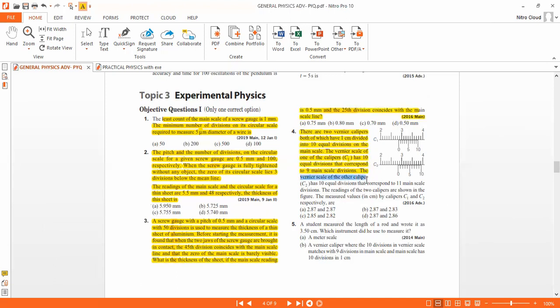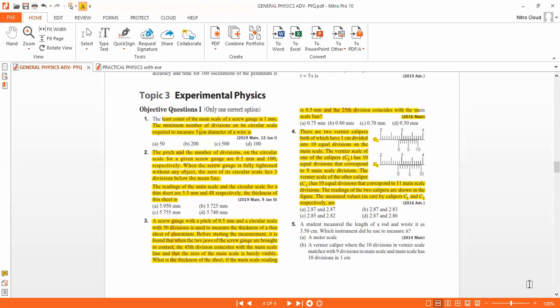The Vernier scale of the other caliper has 10 divisions corresponding to 11 main scale divisions. The readings of the calipers are shown in the diagram. Find the measured values by the calipers.